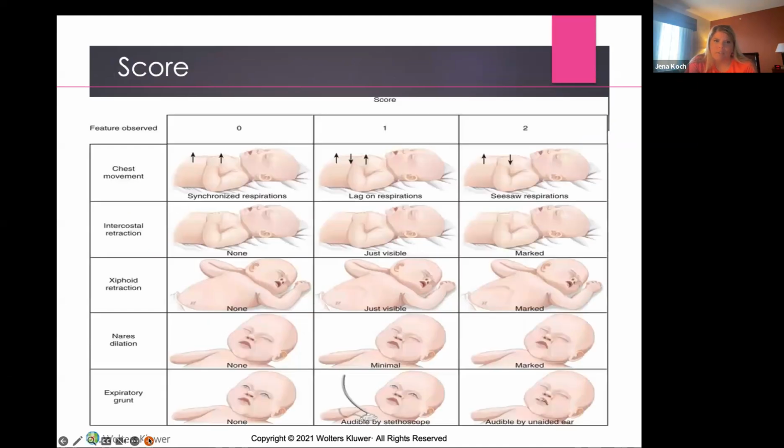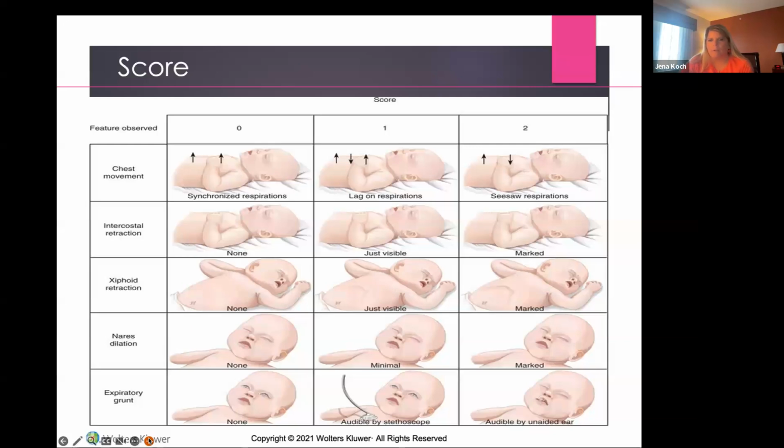So the Silverman-Anderson score, this is how it's scored. When you're assessing the newborn, you're looking at the chest movement, intercostal retractions, whether there's a xiphoid retraction, whether the nares are dilated, and whether they're having expiratory grunting. As nurses, when we're assessing newborns, we're looking at all these different aspects of the assessment.